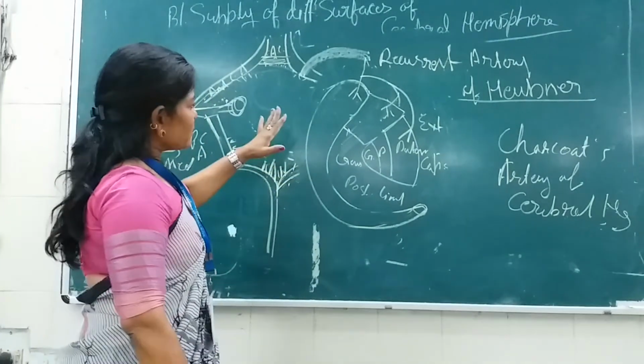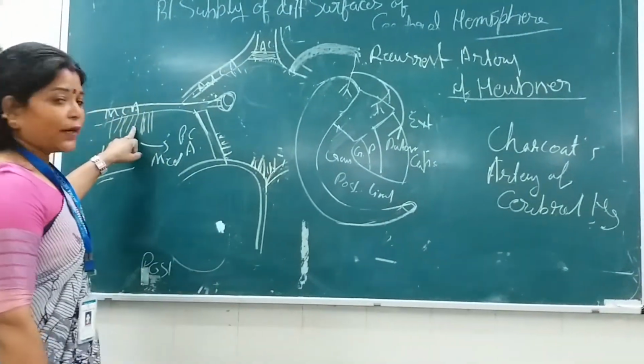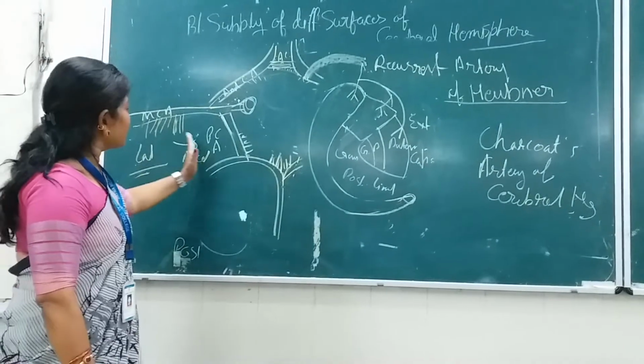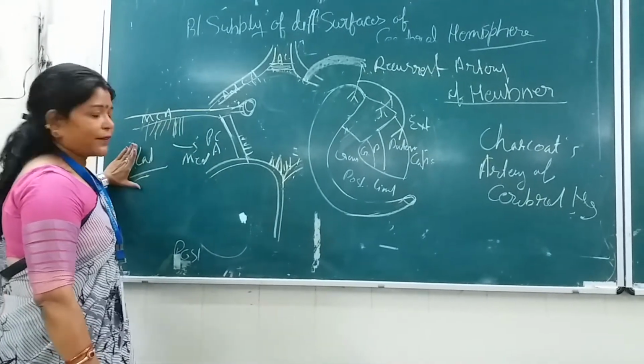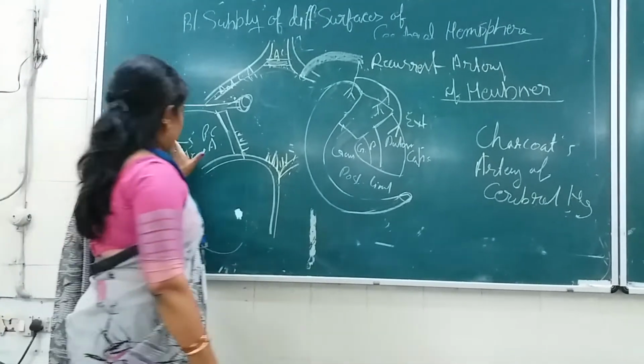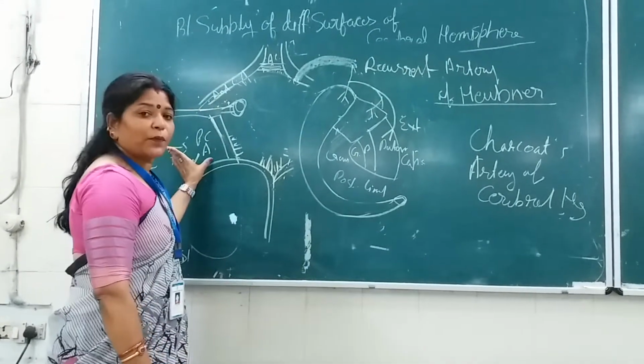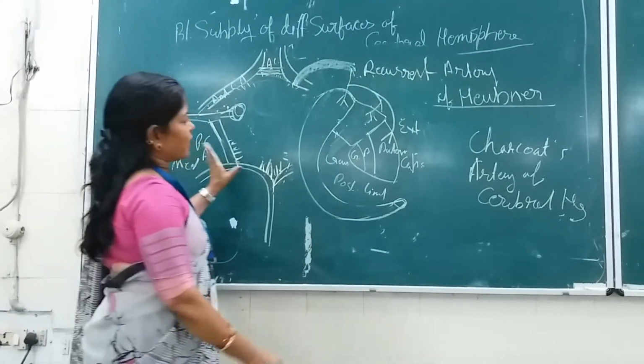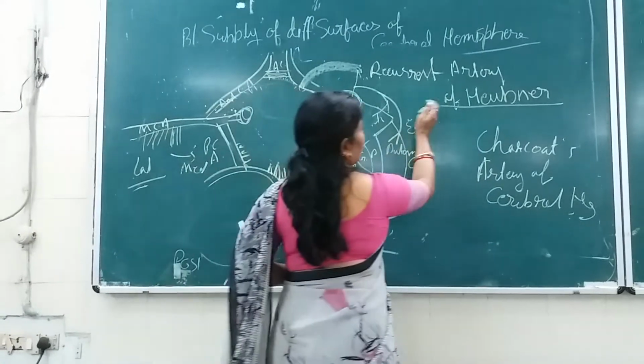Tell me. The anterolateral is divided into two sets, the medial set and the lateral set. The medial striate branches, what will they do? Now come here.